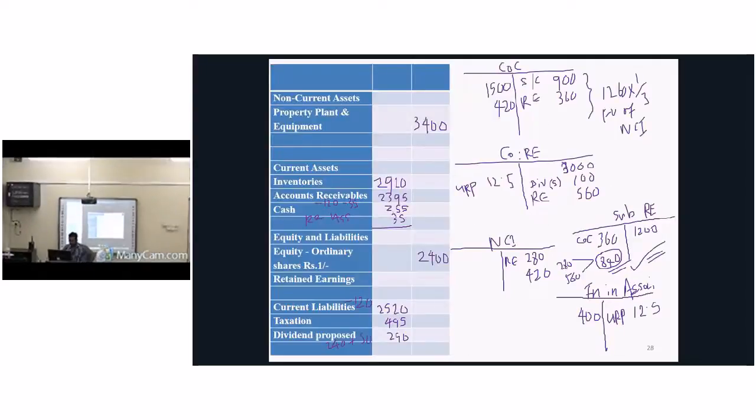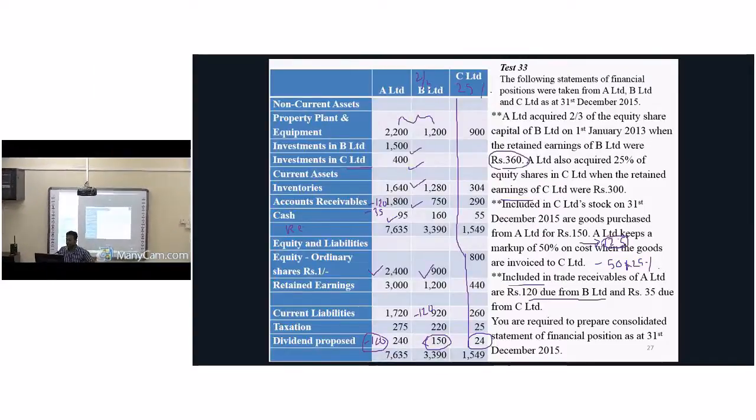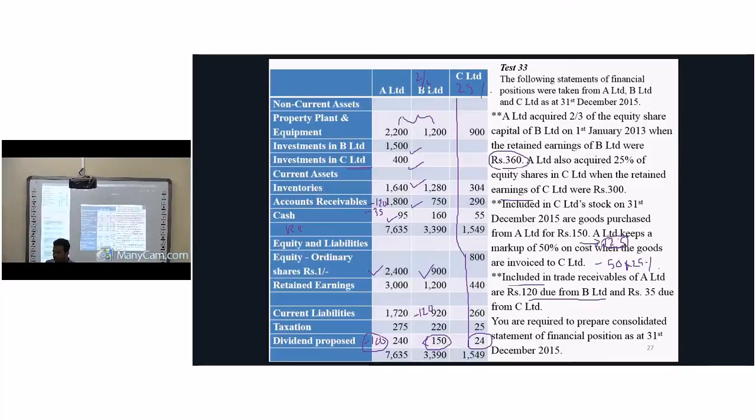Now look here. There's dividend payable proposed of 150. Out of this, two-third should be received by the parent. Therefore, I have subtracted it from this. Look, 100 means out of 150, two-third. It is an intercompany dividend. Therefore, I removed it from this. The double entry should be group dividend proposed debit.